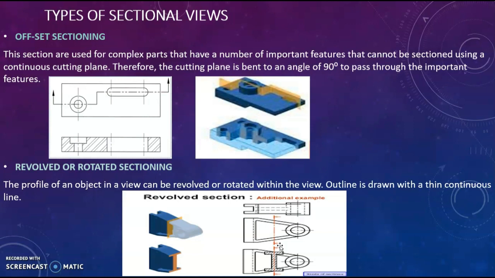That means objects with a number of important features that cannot be sectioned using a continuous plane. Because these objects are complex, we cannot section them with just a continuous plane. So there will be a change in direction of the cut. So for this one, we do an offset sectioning on it.